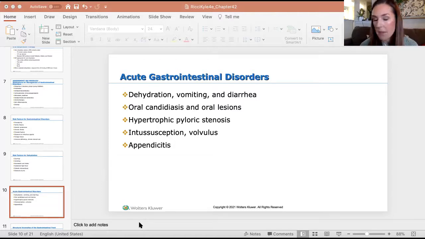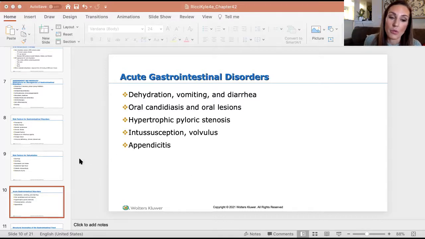So it's a thickening between the stomach and the small intestine, and you can kind of see that there. So basically what it does is it causes an obstruction between the stomach and the small intestine. So baby eats, and there is no way for it to go. Or if it does go, it just kind of drips.